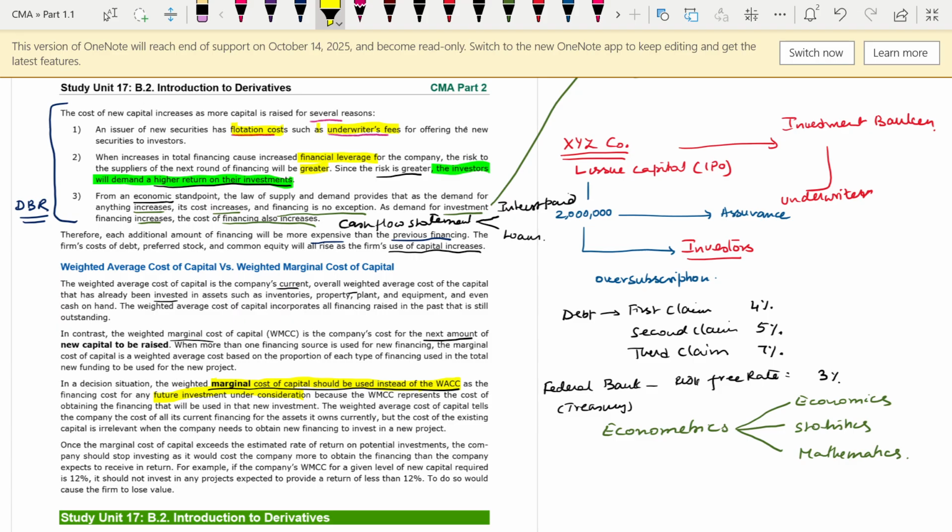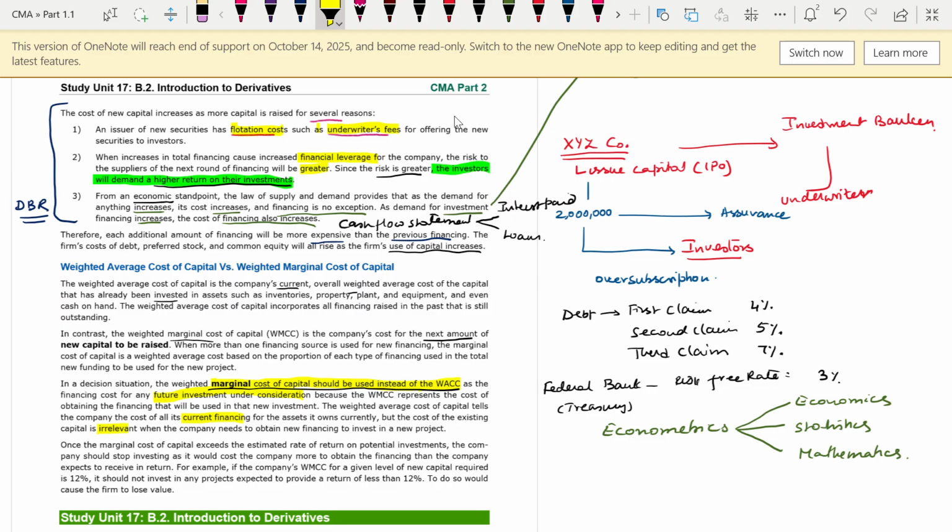The weighted average cost of capital tells the company the cost of current financing of the assets, but the cost of existing capital is irrelevant. The weighted average cost of capital is talking about the current cost of capital, whereas it is not talking about the futuristic cost of capital.